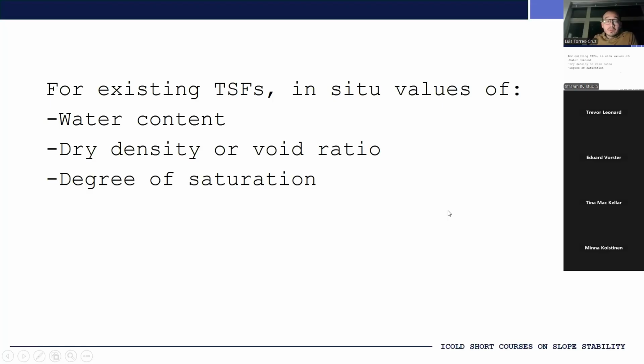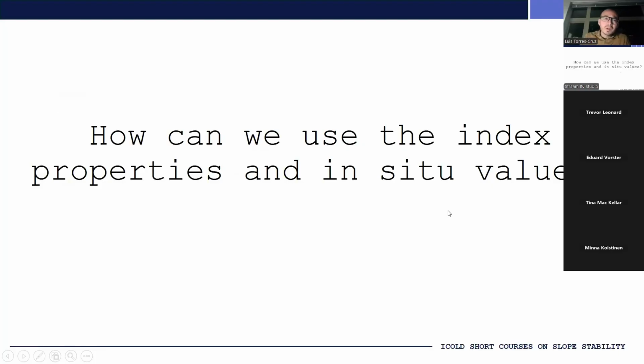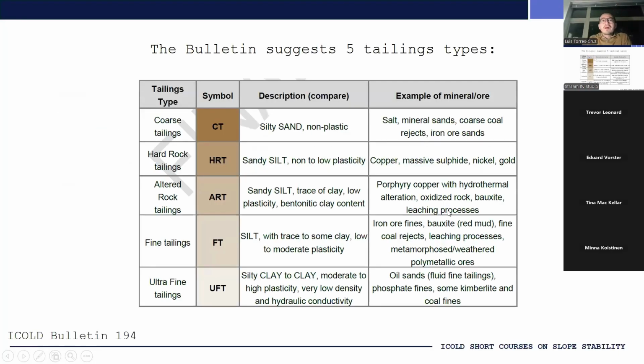Now, what do we do with this information once we have it? What use can we make of it? There are 5 tailings type categories addressed in the bulletin, going from coarse at the top to ultra-fine tailings at the bottom. So we can imagine that the top will be our more permeable and less compressible material, whereas the one at the bottom would be the less permeable but more compressible material.